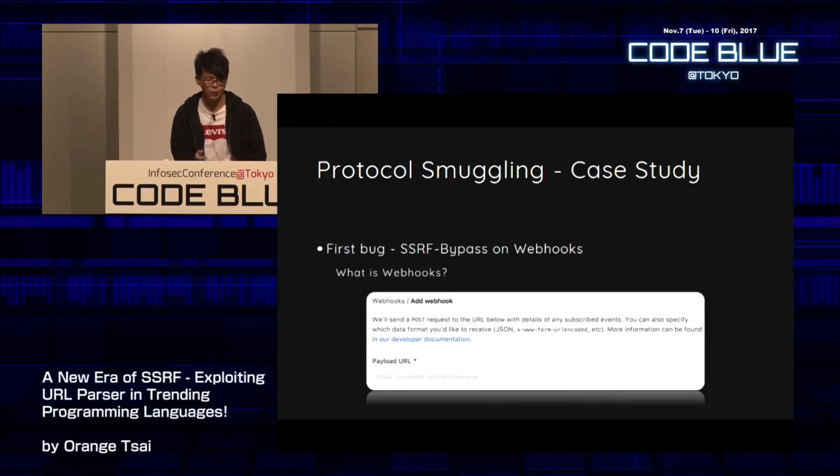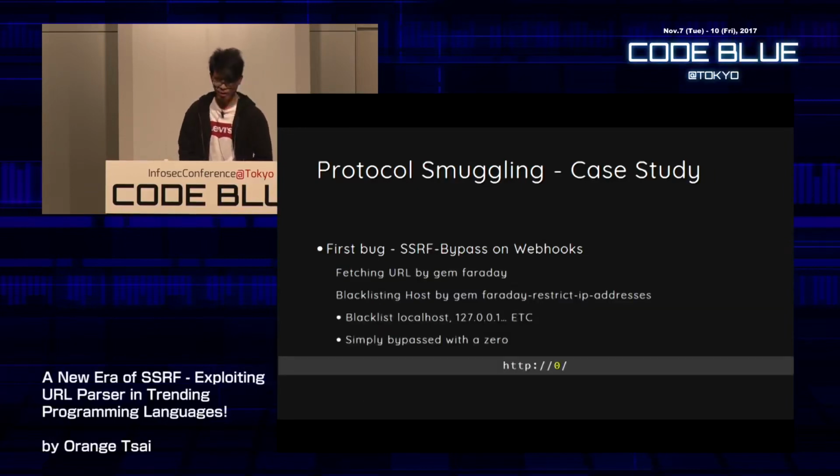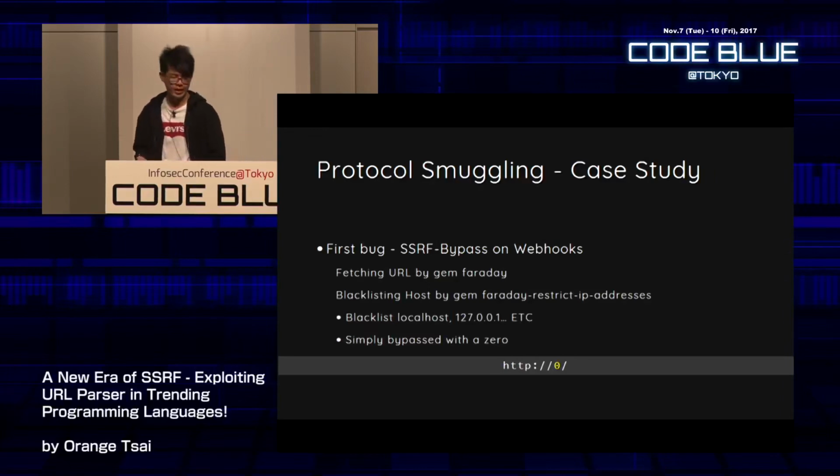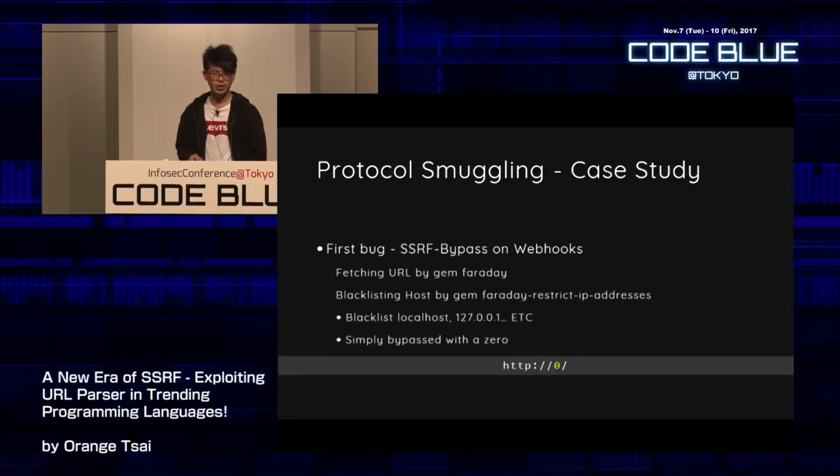Webhook can define a custom HTTP callback when a specific Git command occurs. And GitHub uses the Ruby gem GitHub-proxy to fetch external resources and prevents users from SSRF by restricting IP addresses.